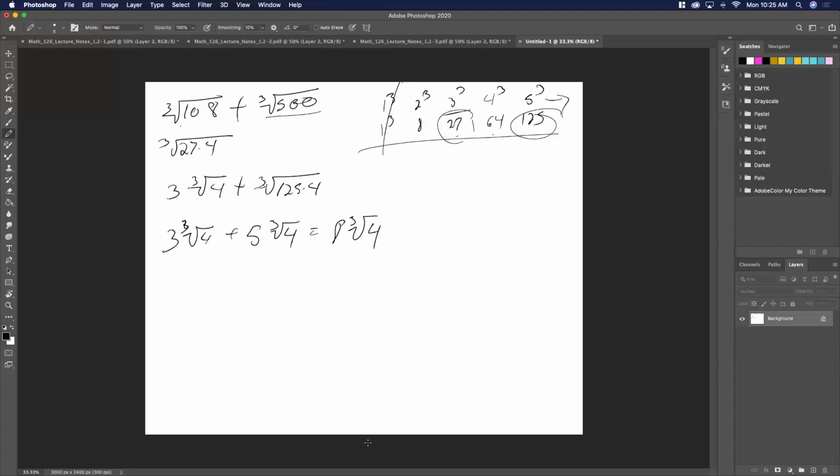I got beat on typing it out. I divided by 4 and got lost from there. So here with the cubic roots, you have to pull out perfect cubes. And so once I get a perfect cube, I pull it out.